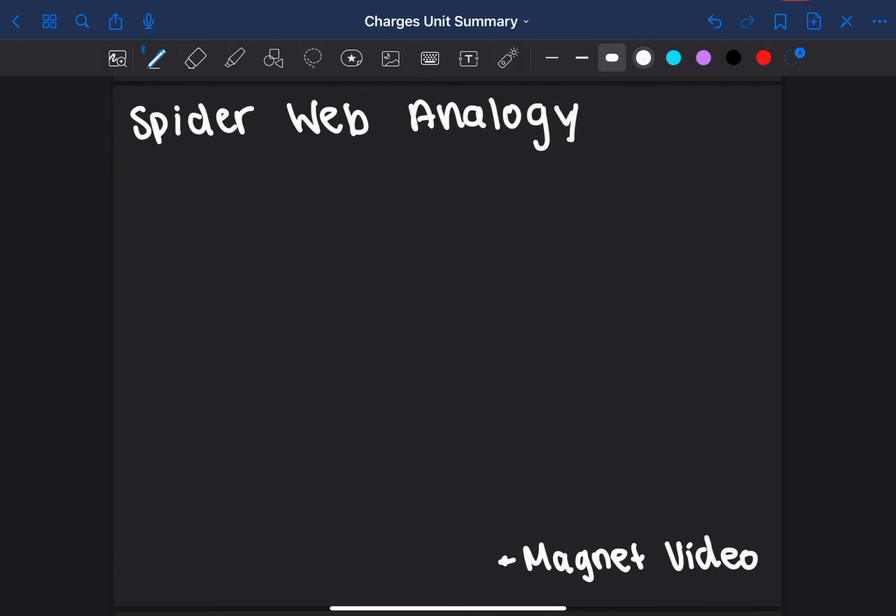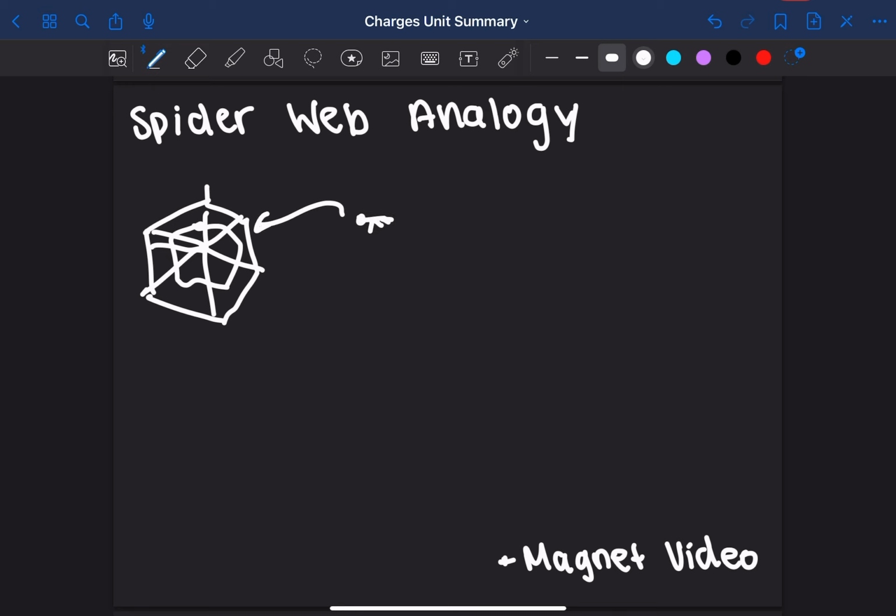Then moving on to kind of a spiderweb analogy. I can't draw a spiderweb, but let's just say that that's a spiderweb. Nothing is going to happen with the spiderweb unless a little fly comes into contact with this web.